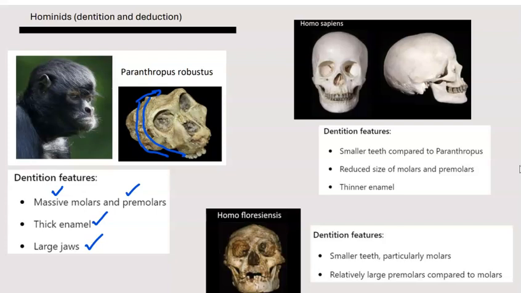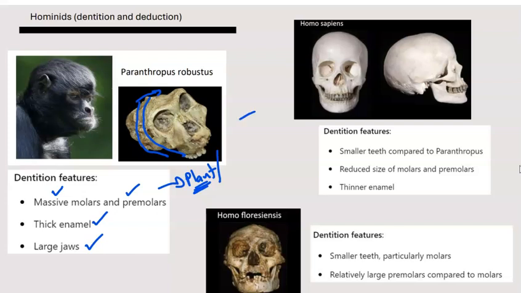And so therefore we can deduce from the evidence of this Paranthropus robustus skull that the diet of this organism probably was heavily based on plants which required considerable chewing and grinding down with these large premolars and molars, and so a plant diet is inferred to be the nutritional strategy of Paranthropus.